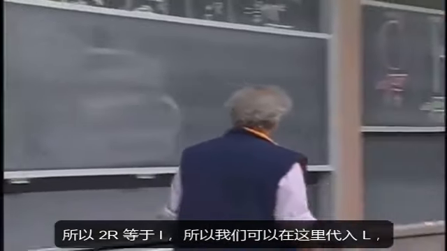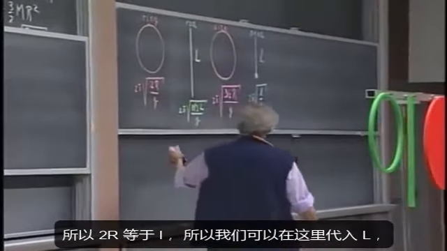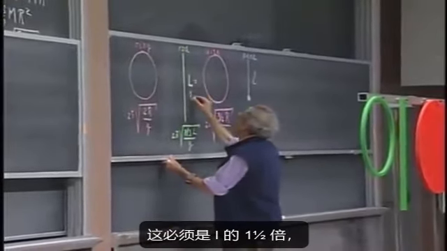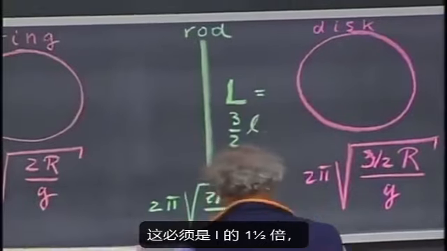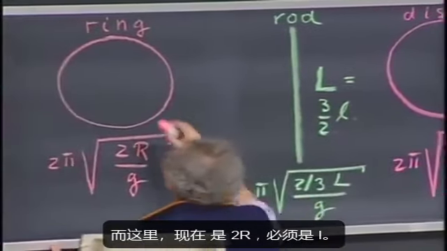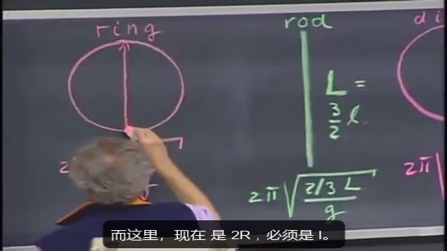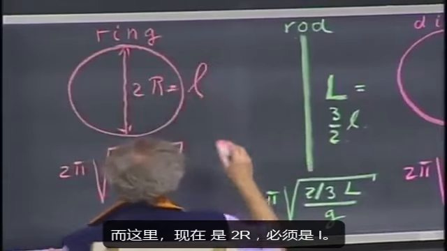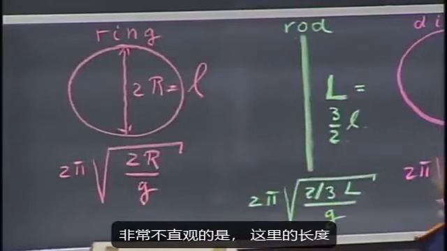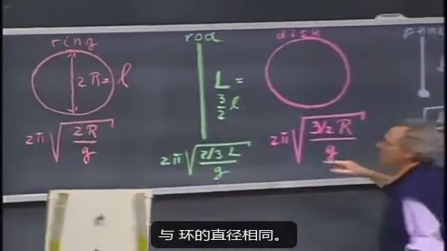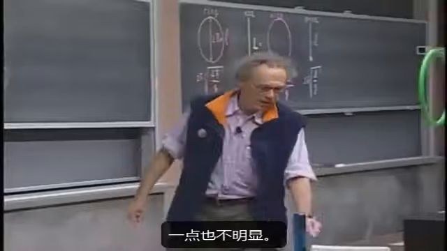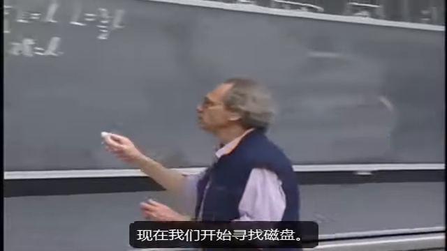So we can put in here, for L, this has to be 1.5 times l, and here, this now, which is 2r, has to be l. Very non-intuitive that this length here is the same as the diameter of the ring. Not at all obvious. And so now we go for the disk.